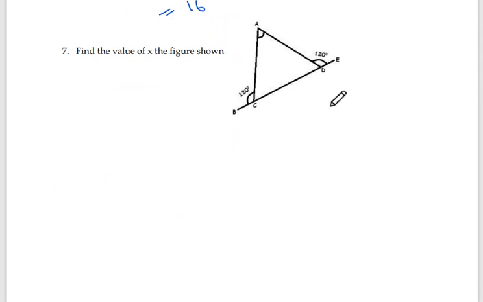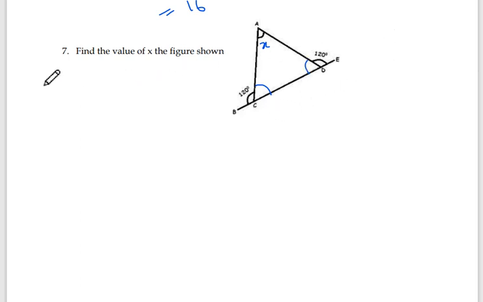Find the value of x in the figure shown. Find the value of x. There's no x. Okay, this should be x here, this should be x here. Okay, good. First we get this angle and we get this angle too. Actually they are the same, since this is 120 and this is 120.